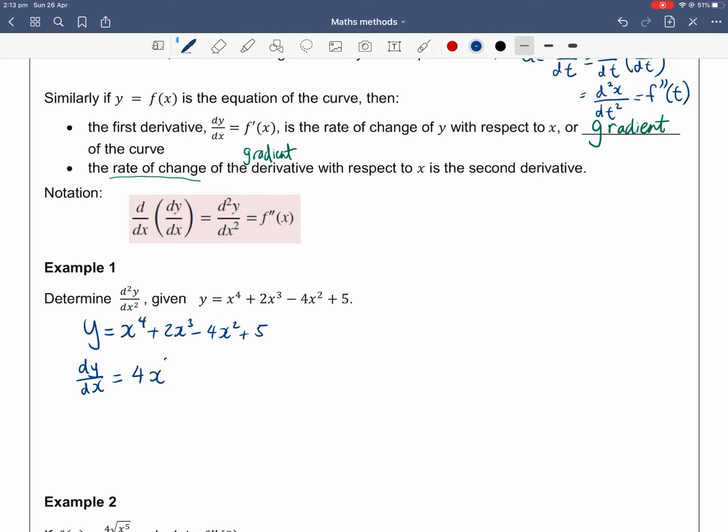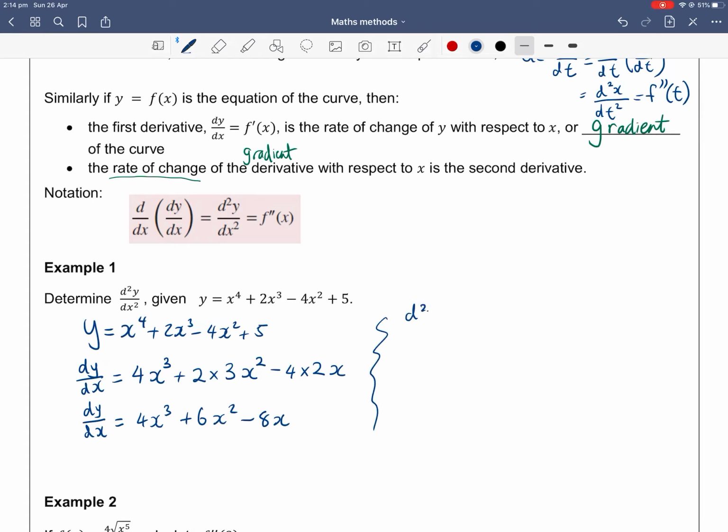So 4 minus 1 is 3, plus coefficient times power down times x to the new power, so that becomes x squared, minus coefficient times power down. X squared becomes x because 2 minus 1 is 1, and lastly the coefficient disappears. So let's make that nice and pretty. So dy/dx is 4x cubed, 2 times 3 is 6x squared, minus 8x.